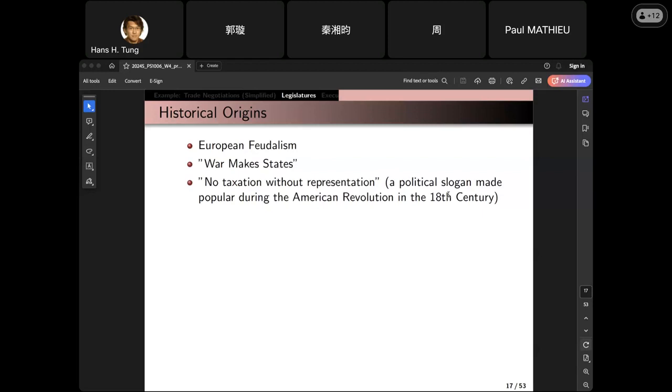Let me read one of the quotations here. It's actually quite interesting because countries with absolutist traditions without feudalism don't have this separation of powers to begin with.